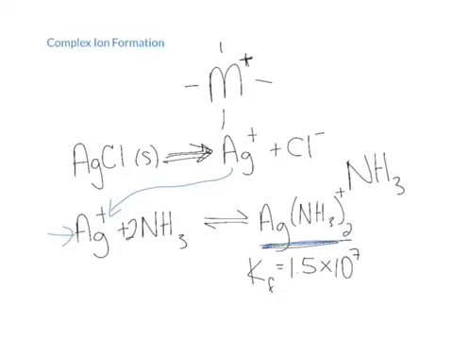And just like we were talking about with the last examples, if you decrease the concentration of the product, you drive the overall equilibrium towards those products, okay? Thus, you increase the solubility of the AgCl.